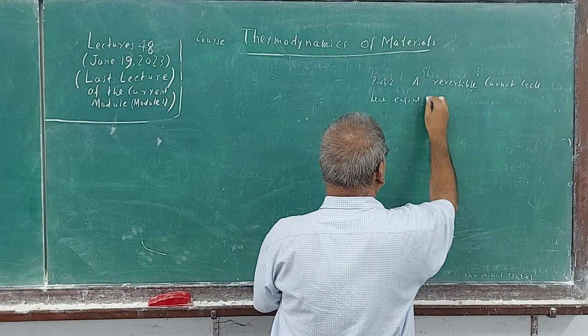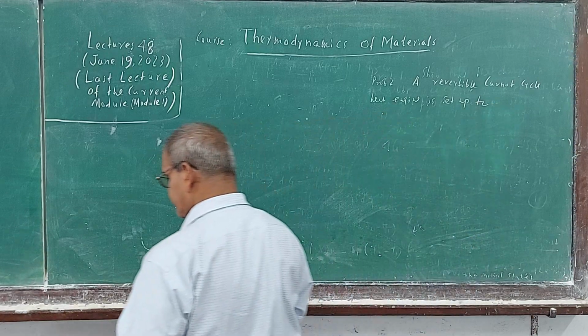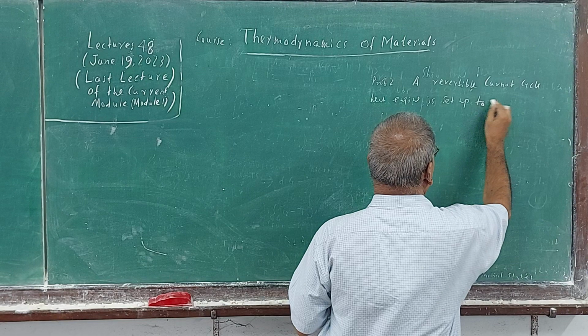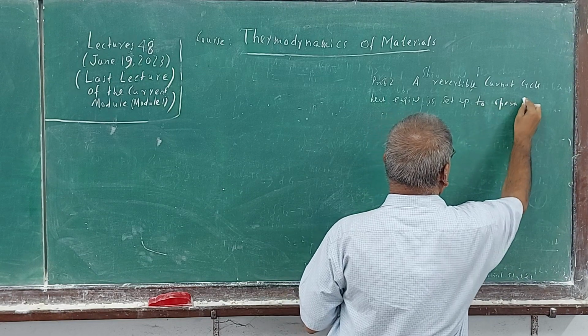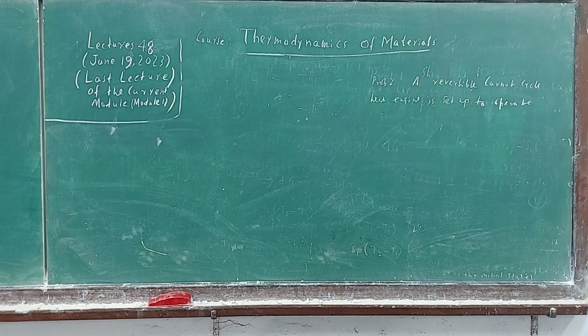is set up to operate. Okay, another thing I tell you, many students, I don't know why, I do not want to indicate anything, the source. They started from the right hand side and went to the left hand side.